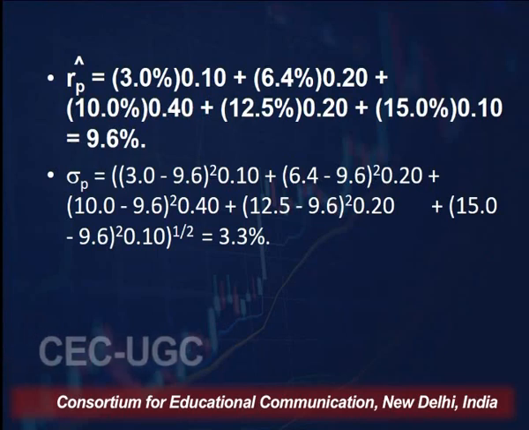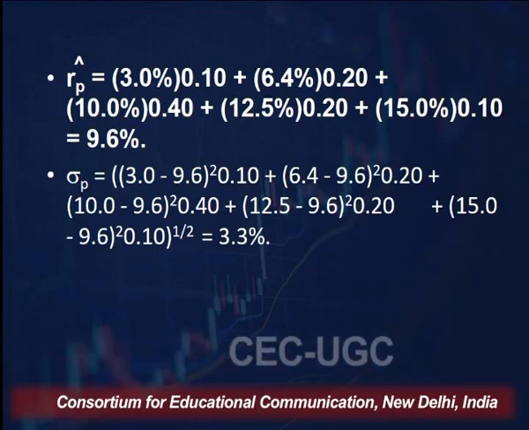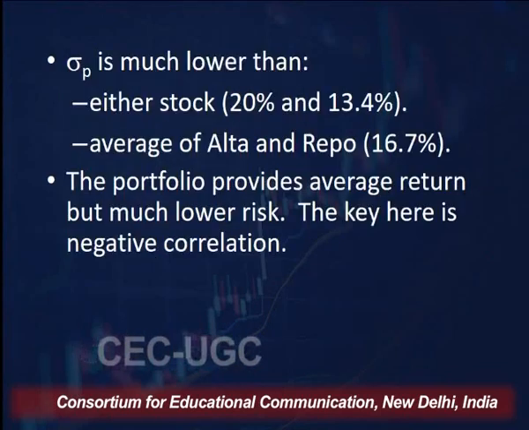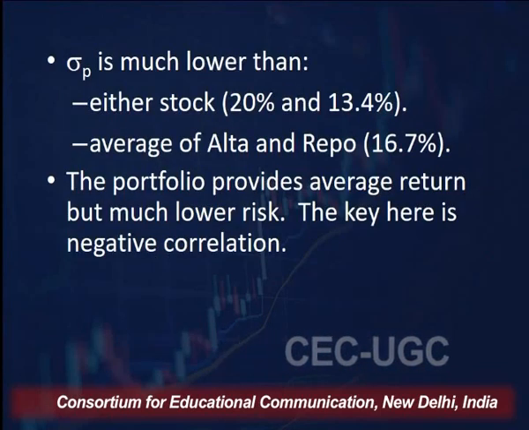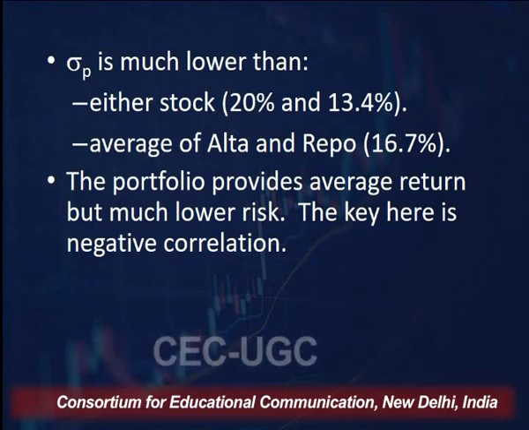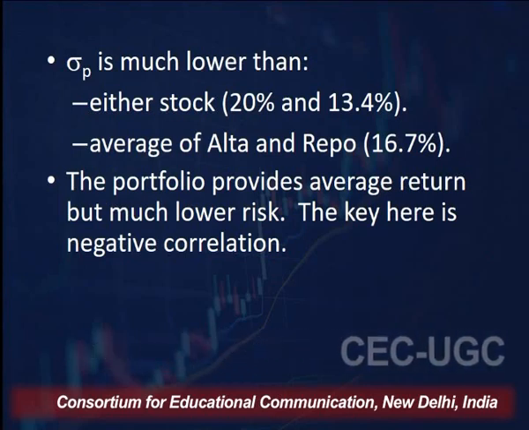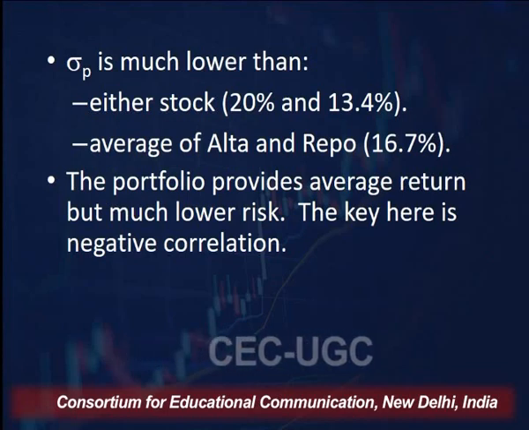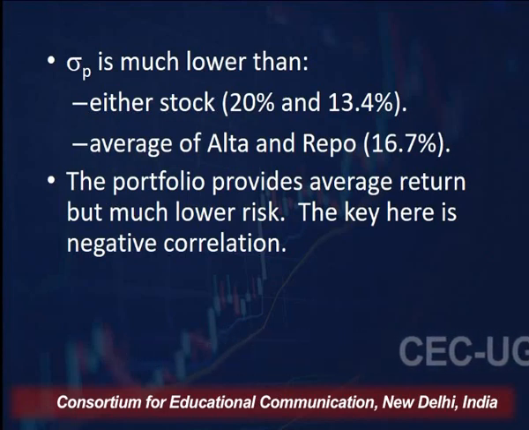But how is this really magical? And here comes the importance of creating a portfolio. Why is it that the risk is so less when we are combining two securities? Here the portfolio risk is much lower than in either of the stocks, because 20 and 13.4, the actual average comes out to be 16.7, but the portfolio provides an average return with much lower risk because of the presence of negative correlation.